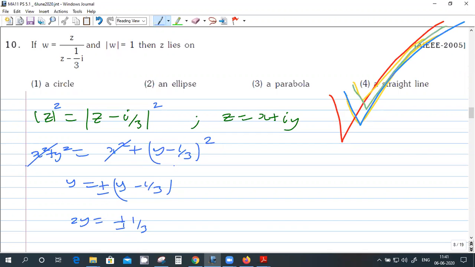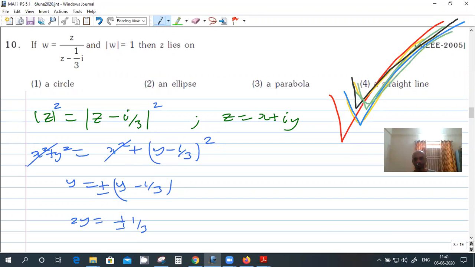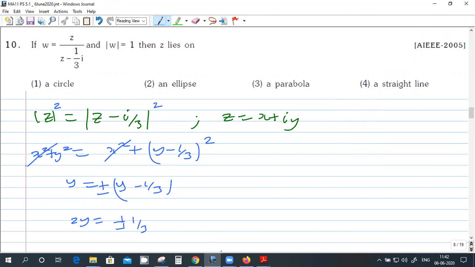Right? Yes, sir. So from that I will get Y equal to plus or minus. If you take the minus sign, I'll get 2Y equal to plus or minus, so Y is 1 by 6.